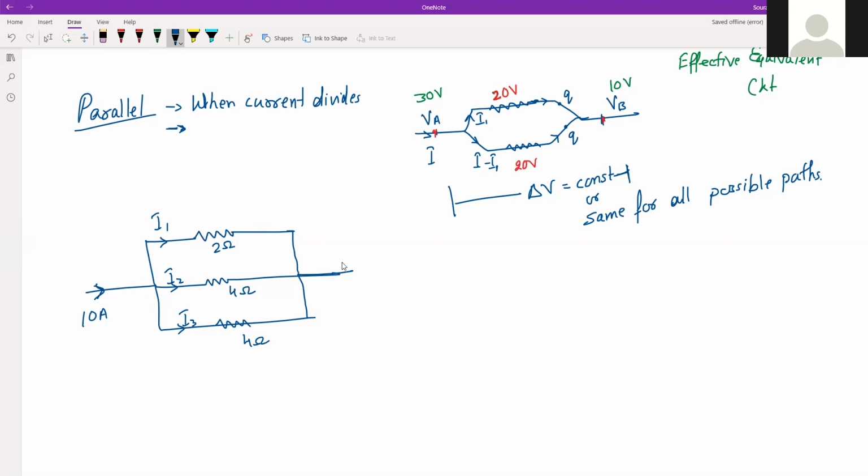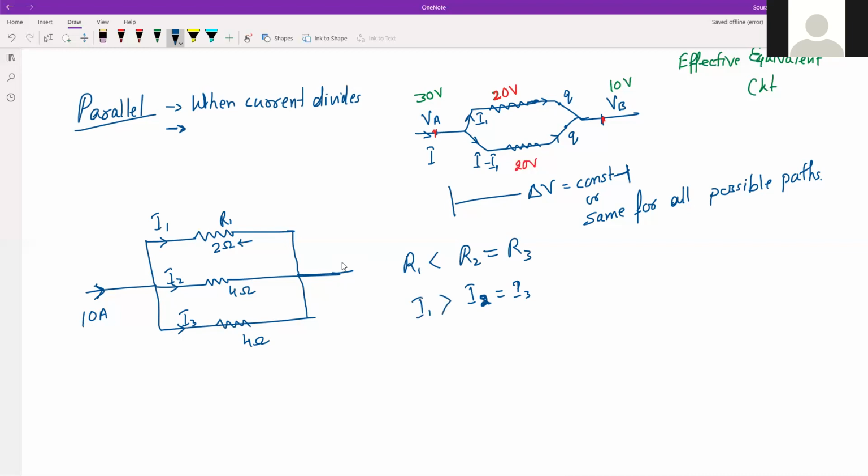So R1 is less than R2, which is equal to R3. Because these two resistors are the same, the current flowing there will also be the same. That is, I2 will be equal to I3. But where will the current be more? The answer is here, because the resistance is less.